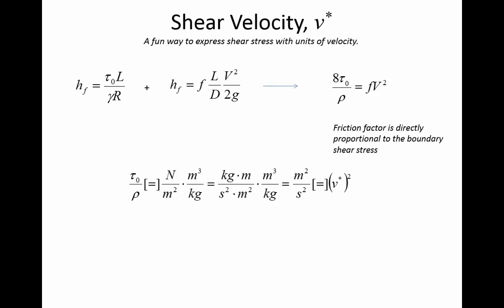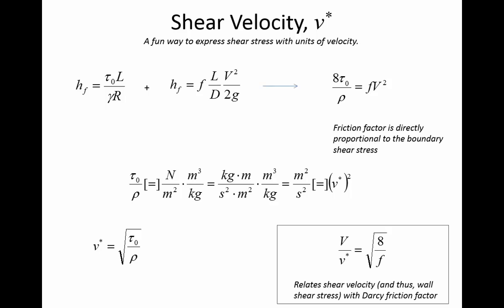So we've rearranged it intentionally so that when we take the square root of the shear stress divided by the density, like here, then it ends up having units of meters per second. So it's a way of describing the shear stress in a flow field.